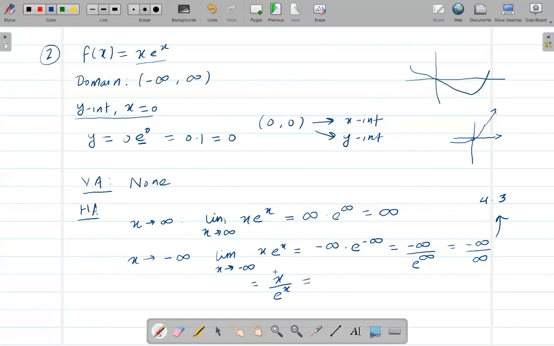From here, I can take the derivative of the numerator, which will be just 1, and the derivative of the denominator, which will be e to the power negative x. Now I can take the limit of this, x goes to negative infinity.